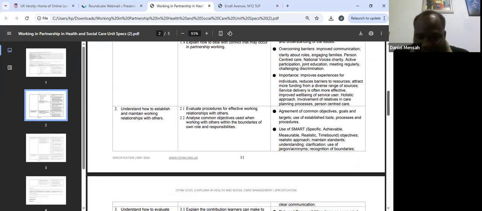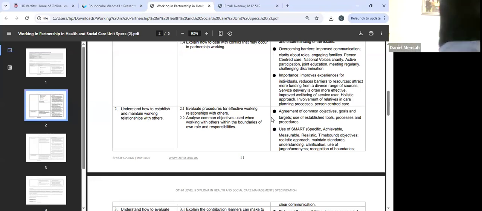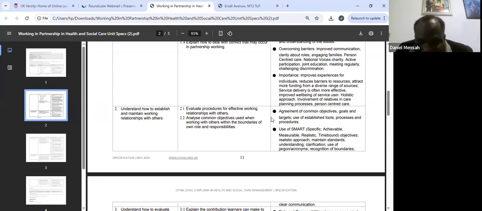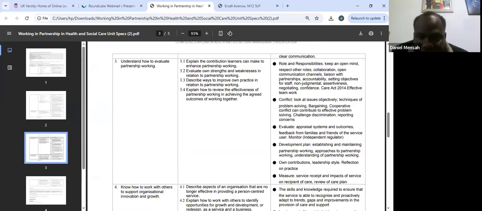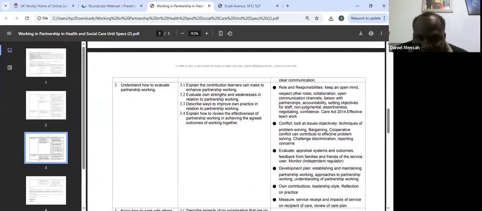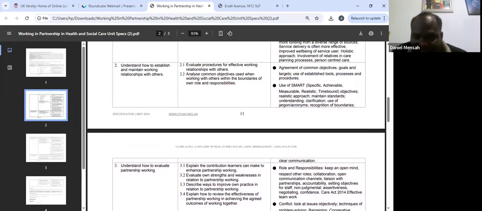In this unit, we'll look into how to evaluate procedures for effective working relationships with others, and then to analyze common objectives used when working with others within the boundaries of own role and responsibilities. So we have two forms, 2.1 and then 2.2.